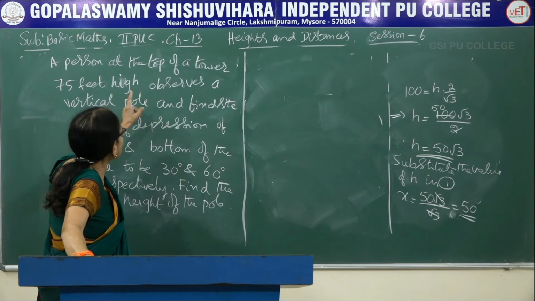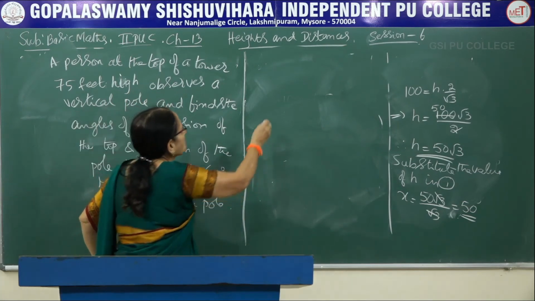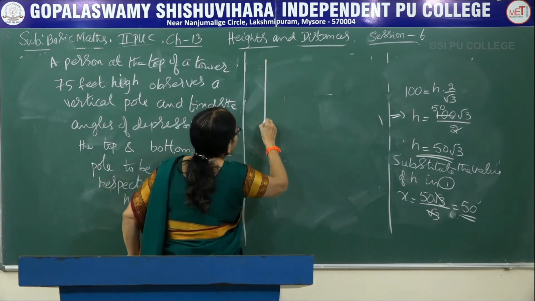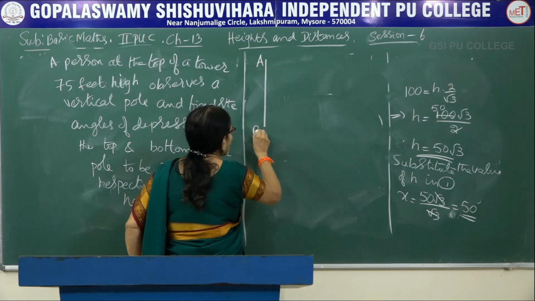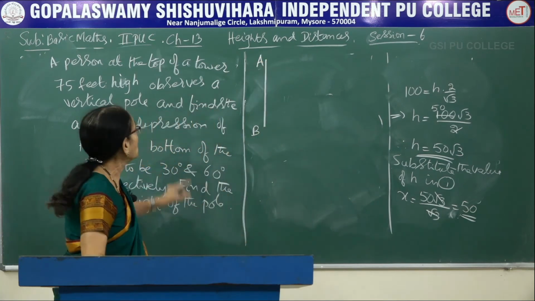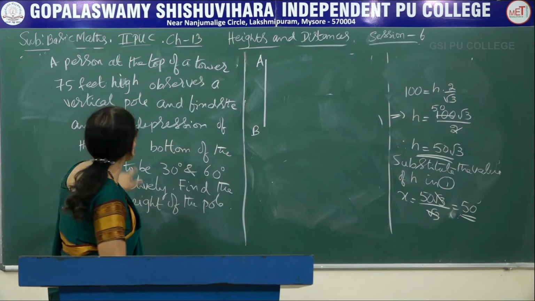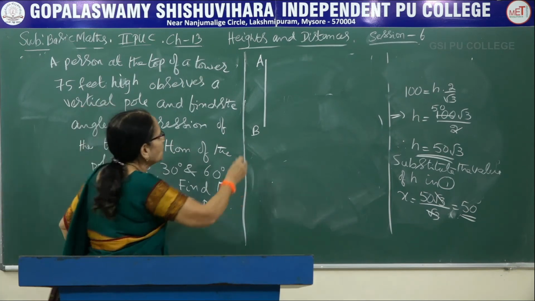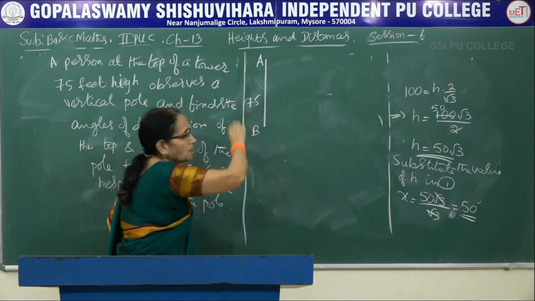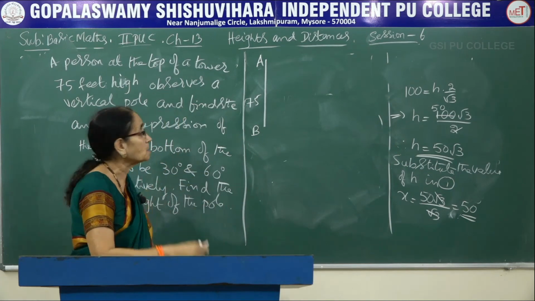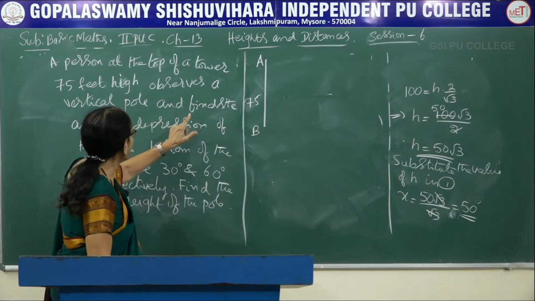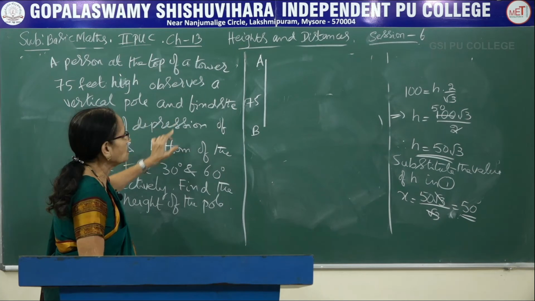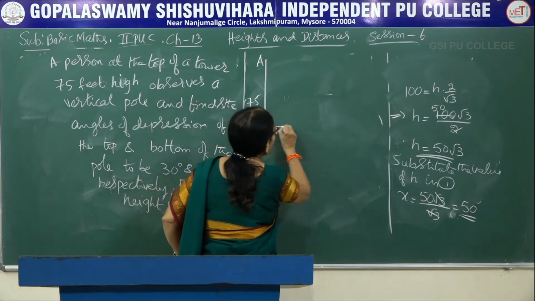Now a person at the top of a tower. Let us consider AB to be the tower. A person is standing on the top of the tower, which is 75 feet high. It is given in feet, 75 feet high. He observes a vertical pole. So there is a vertical pole here.